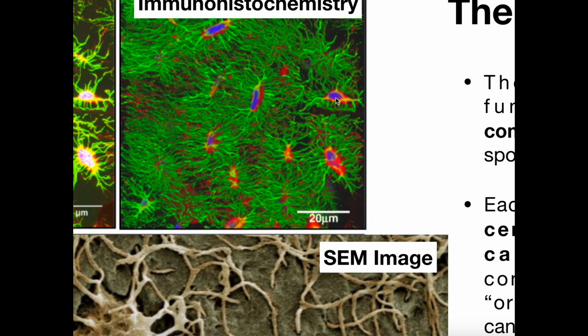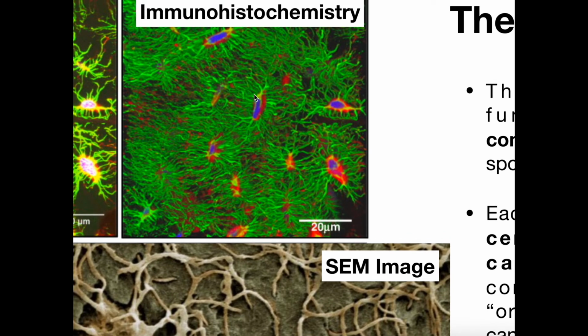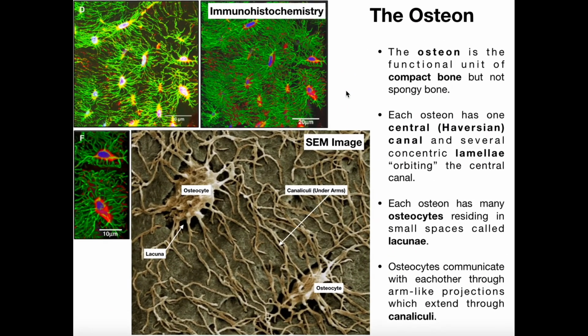All of their arm-like projections are colored green here. You can see that they have many, many connections with other osteocytes. This allows them to communicate with each other, which helps them in their function to maintain the integrity of the bone tissue. Hopefully that makes sense.